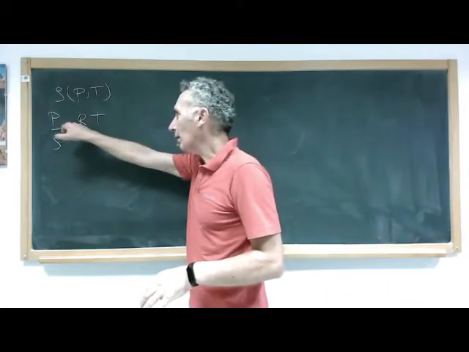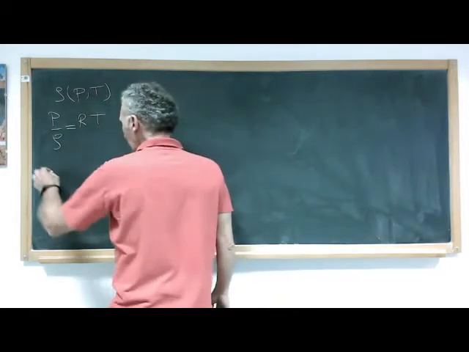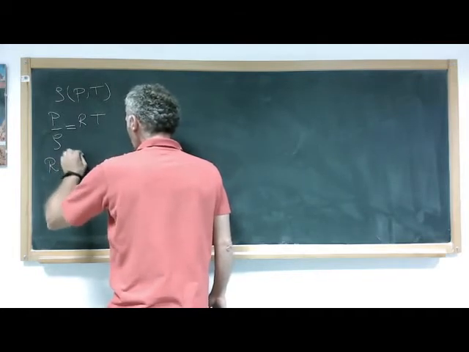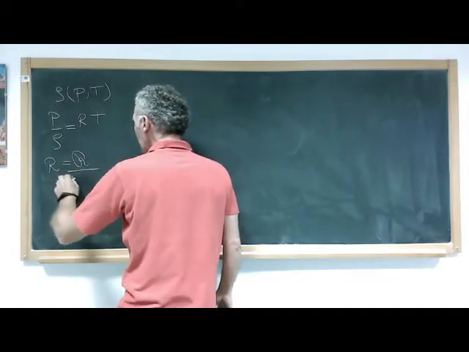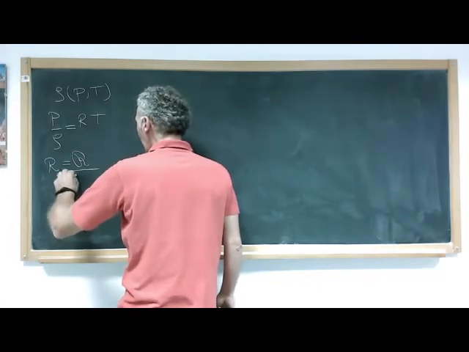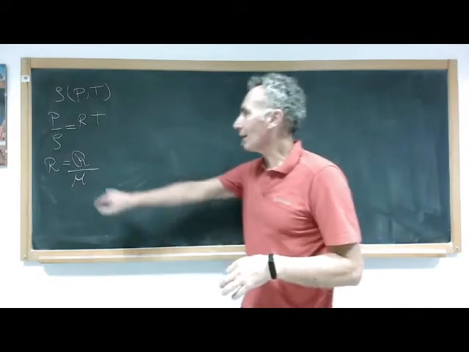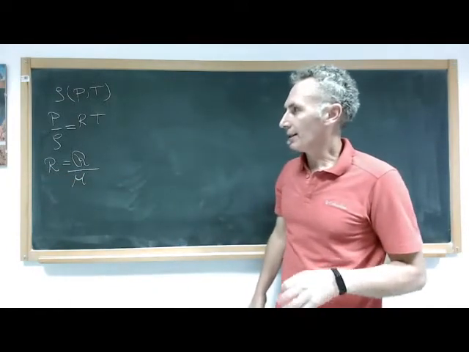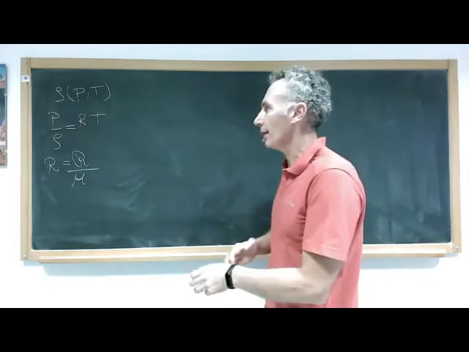Now, be aware that this R is not the universal R, but it is the constant R for the specific gas. So if this is the universal R, we should divide the universal R by the molecular weight of the specific gas, and then this uppercase R is the constant for a specific gas.